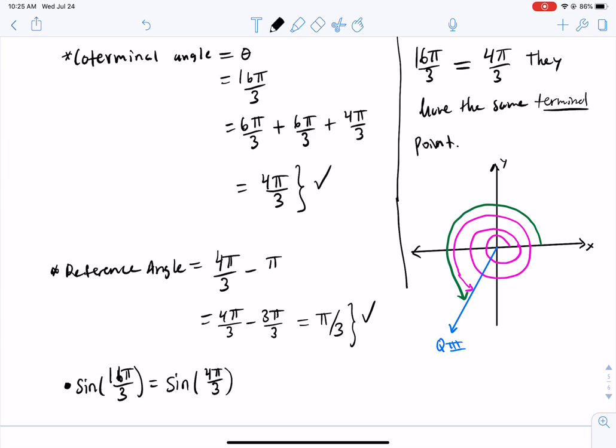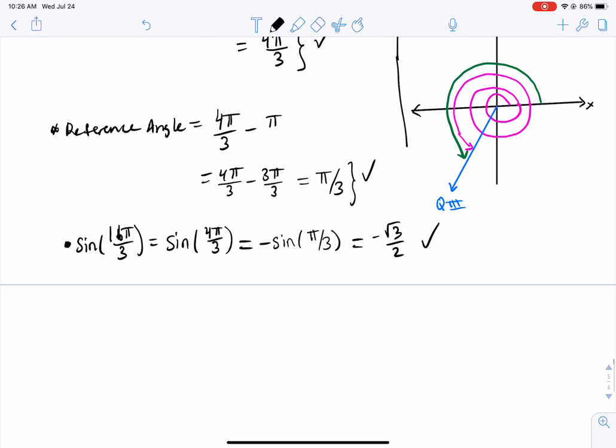But this sine in the third quadrant, is it positive or negative? Negative. Yeah. So it will be negative sine of pi over 3, and sine of pi over 3 will be radical 3 over 2. So we have the first one, sine. You don't need to write the first two, the first equation and the second thing, but you definitely need to know that sine of 16 pi over 3 will be negative sine of pi over 3.